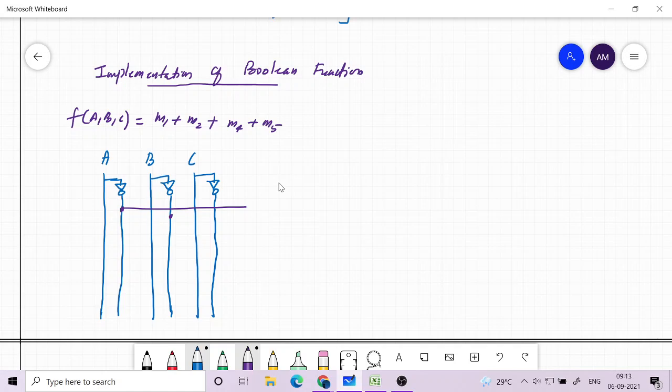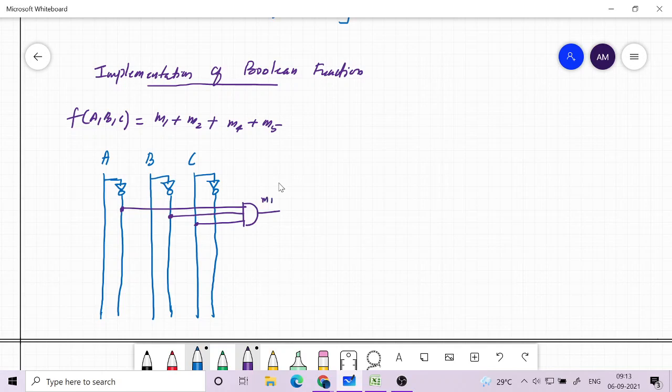The dot here means I am connecting. If there is no dot, there is no connection. A bar, B bar and C. So I use an AND gate, and this is my m1.